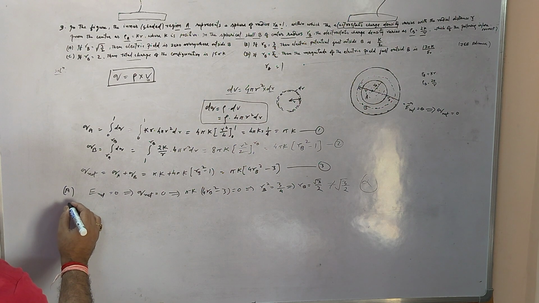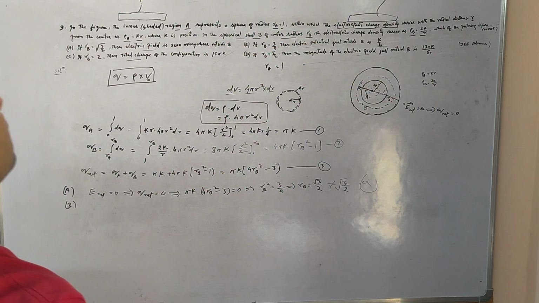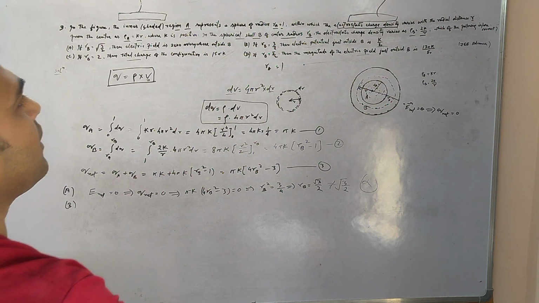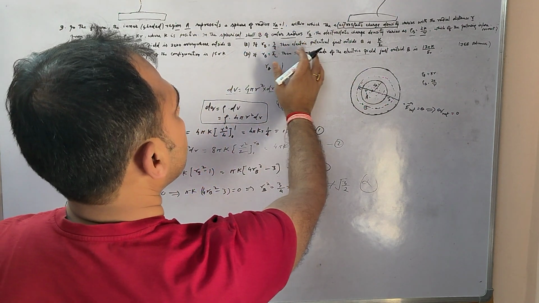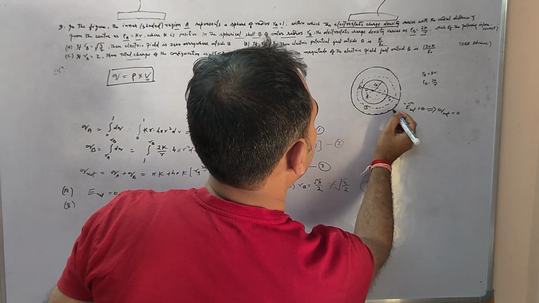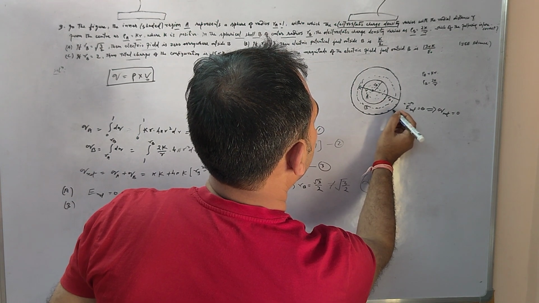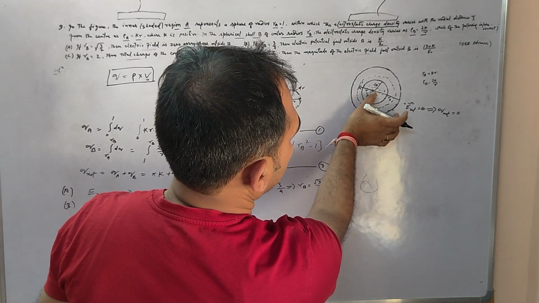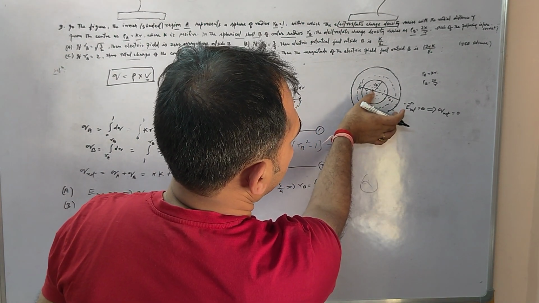Now what does statement B say? It says if RB is this, then the electric potential just outside B, at any point at distance RB from the center.